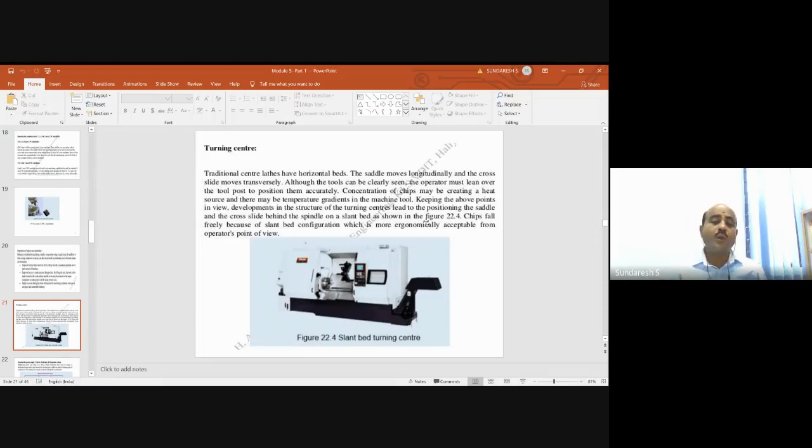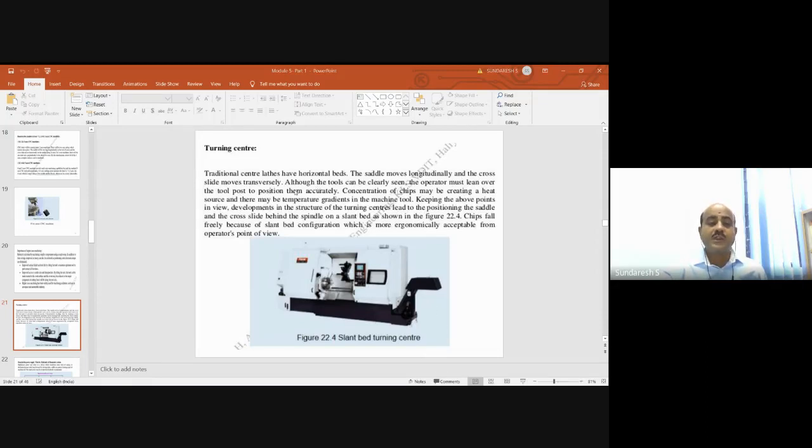Therefore, keeping all those points in view, they have designed the structure of a turning center, leading to the positioning of a saddle and the cross slide behind the spindle on a slant bed. The bed is slanted, and once the chips fall, they can move freely over the slant bed configuration, which is more ergonomically acceptable from the operator's point of view. You can see the slant bed turning center here.